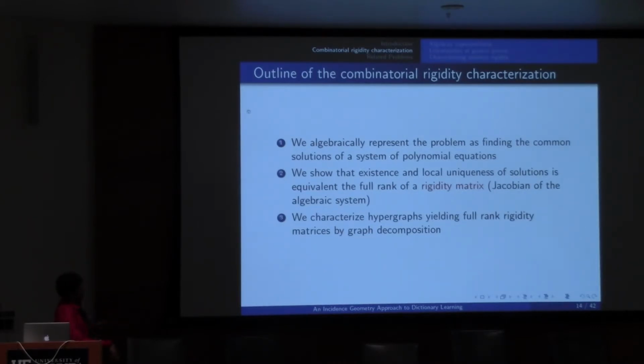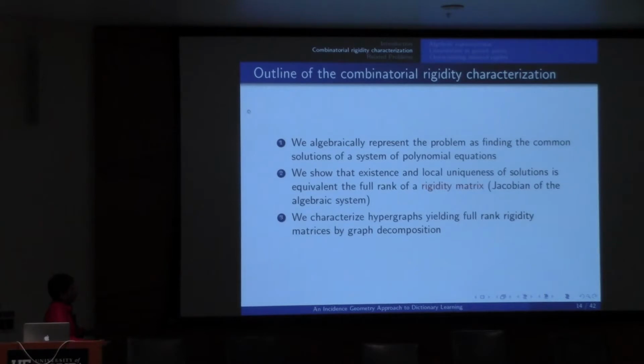You then show that the existence and local uniqueness of solutions corresponds to the full rank of a particular matrix, which is the Jacobian of that original algebraic system. So you linearize. It turns out that the algebraic system is quadratic, in this case bilinear. And once you take the Jacobian, you end up with a linear system. So we show that the existence and local uniqueness corresponds to this linear system having full rank.